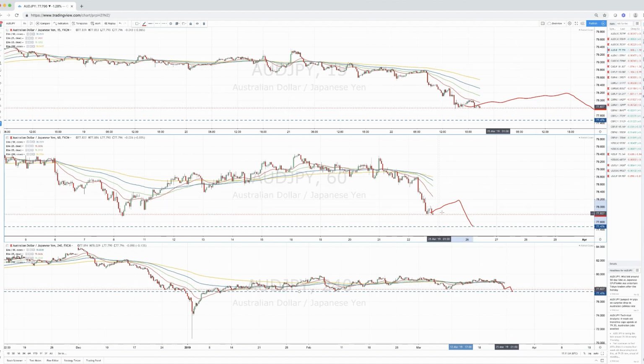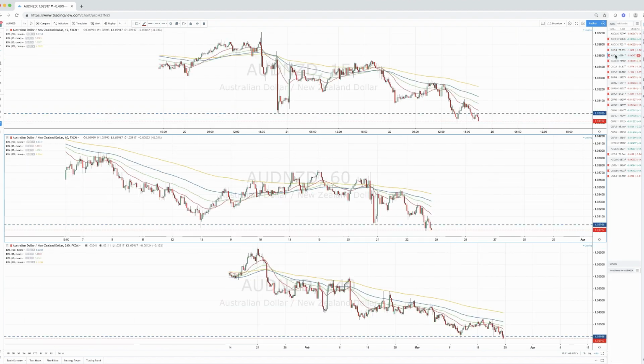And I just hope that we get the pullback before we get that, because we can play the short-term pullback into this level and then decide once we get to that level whether we want to take profits, whether we want to wait for the break of the ultimate support, or maybe if we want to flip and reverse it and start buying from that support level. But that will all depend on the price action when the market approaches that level.